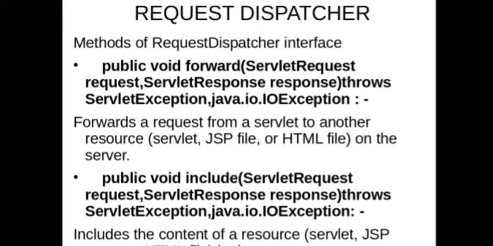Public void forward and public void include both have the same parameters, servlet request and servlet response, and both throw ServletException and IOException. But the difference is that the forward method forwards a request from one servlet to another resource, and that resource can be a servlet, JSP or HTML file. And in terms of response, include includes the content of a resource in a response.